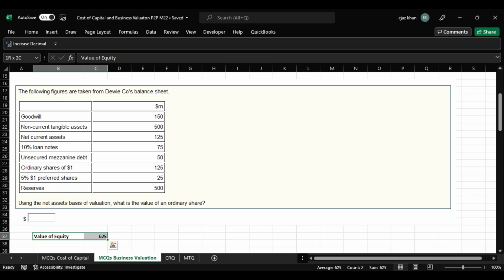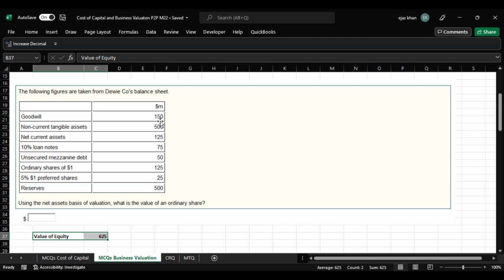But remember, for financial management, if we are looking for valuation of the company using book values, we never include goodwill. We never include goodwill as value of the company, because the value of the goodwill will be decided through negotiations when we sit on the table with the seller of the company, the existing owners of the company.